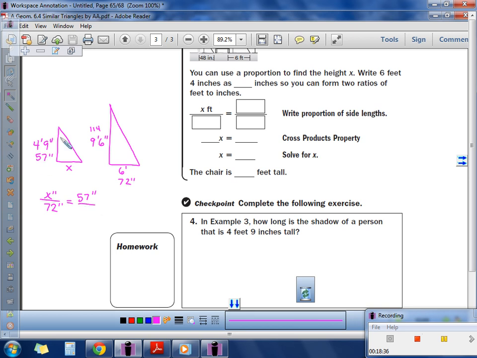And 57 corresponds to 114 inches, which we found earlier. You cross multiply, that's going to give your answer. So cross multiplication here will give us that X is 36 inches. You could have also put your answer in feet. How many feet is that? Divide by 12. You get 3 feet. So either 36 inches or 3 feet would be the correct response.